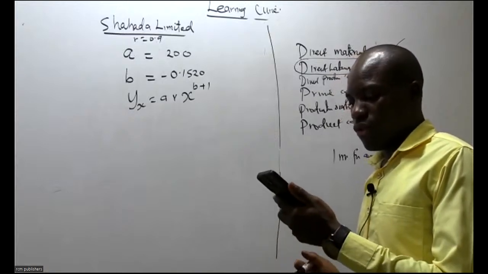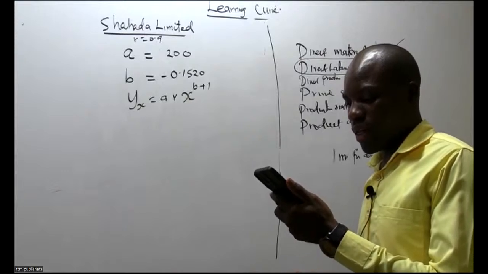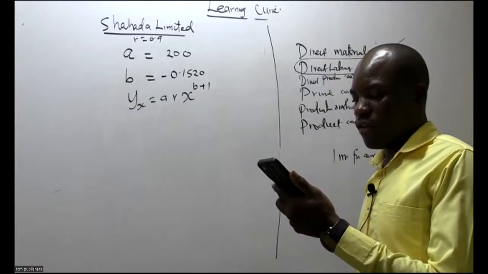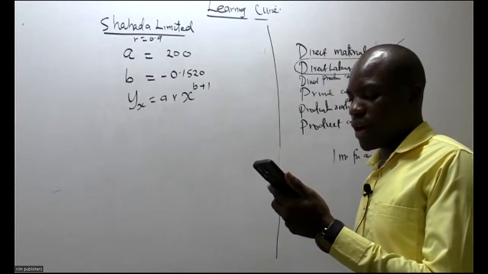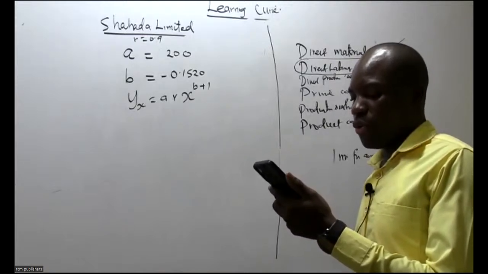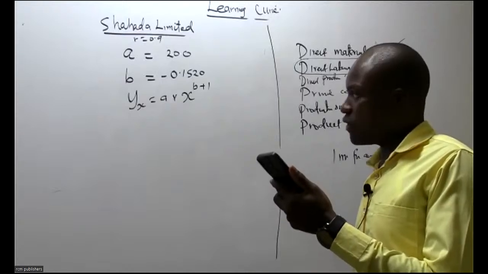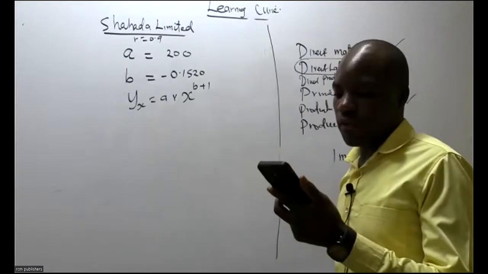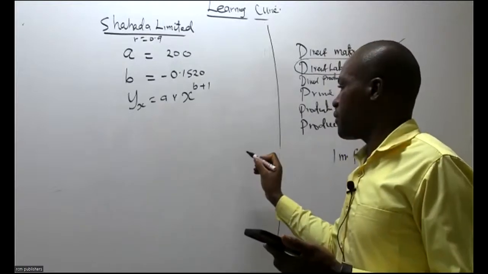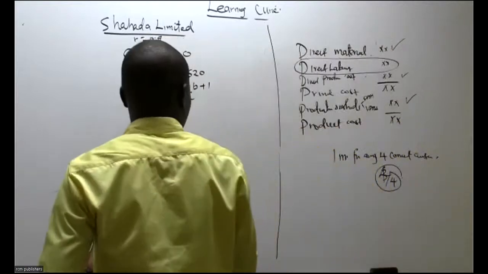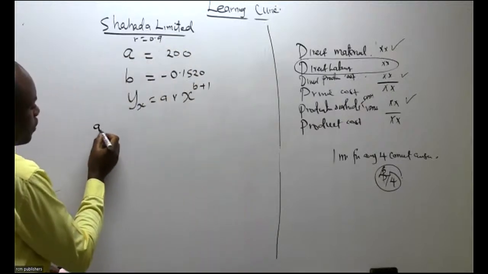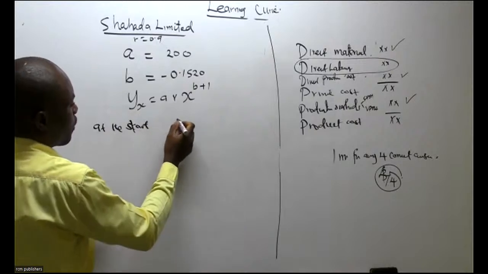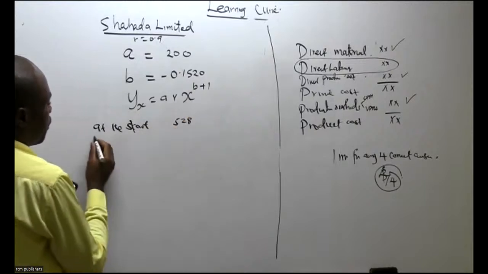Within that question, we are being told that additional information number 1, the following information relates to the previous production period. Cumulative production at the start of the period. At the start of the period, they had 528.